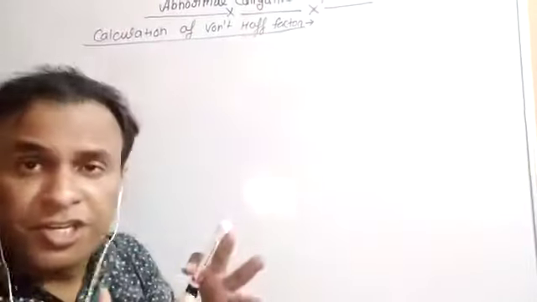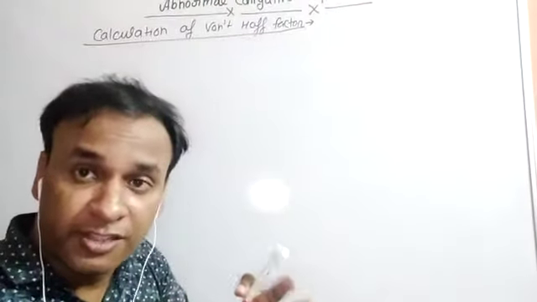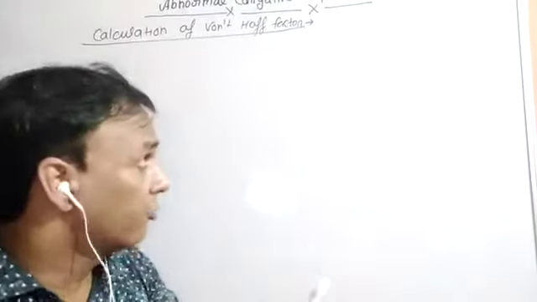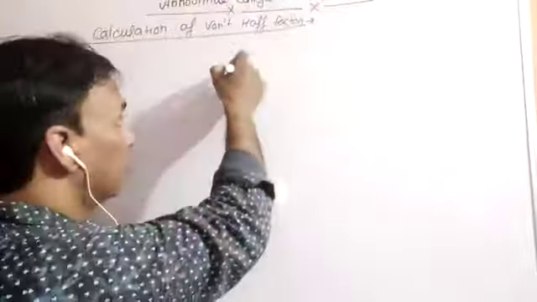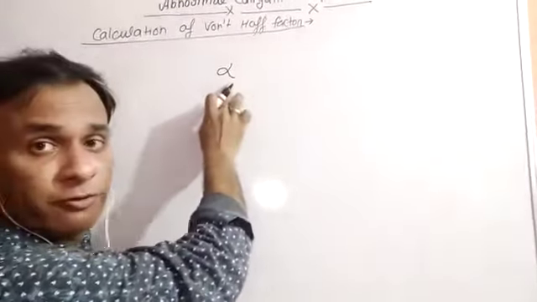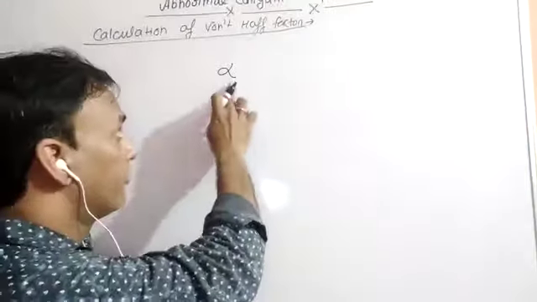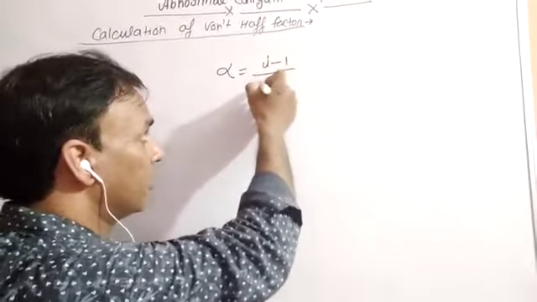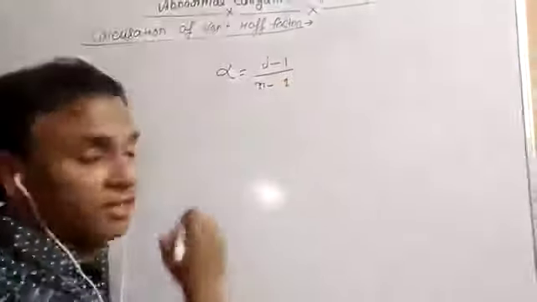Now the relationship between degree of ionization and the van't Hoff factor can be expressed as follows: degree of dissociation, degree of ionization, alpha equals i minus 1 upon n minus 1.